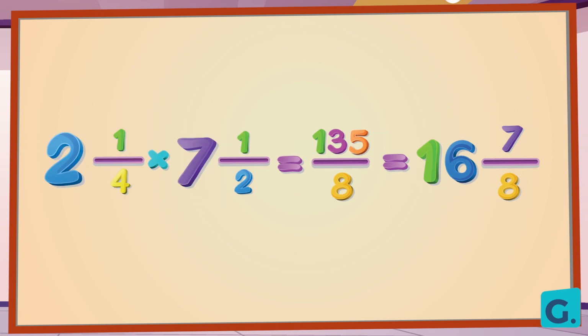Therefore, 2 whole number 1 over 4 times 7 whole number 1 over 2 is going to give us 135 over 8. And when we convert that to a mixed number again, we are going to get 16 whole number 7 over 8.